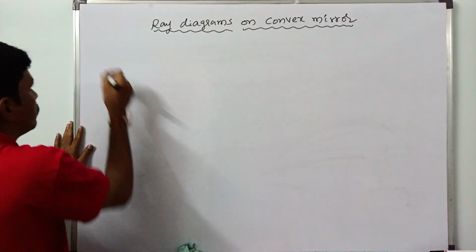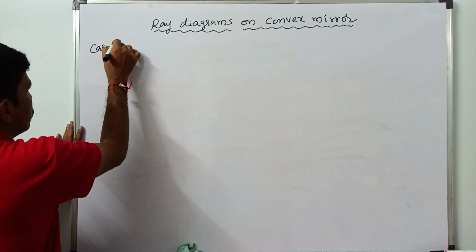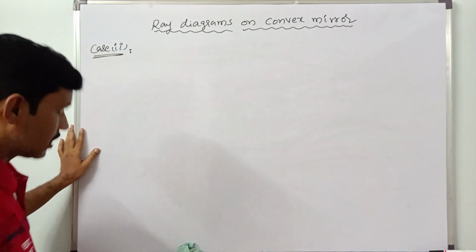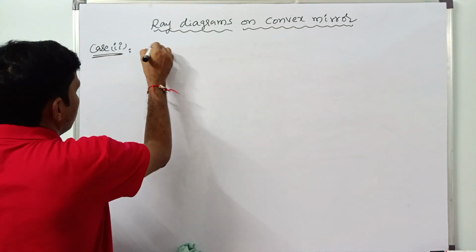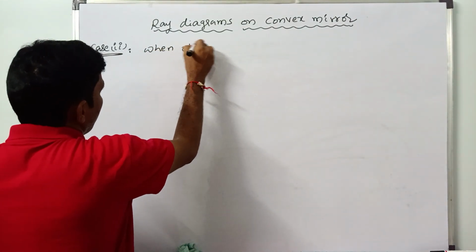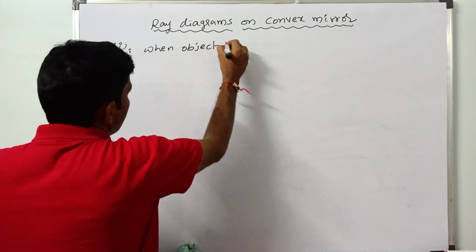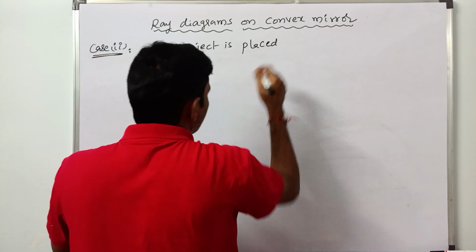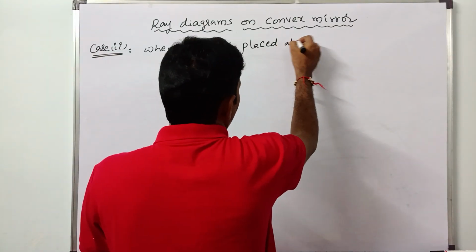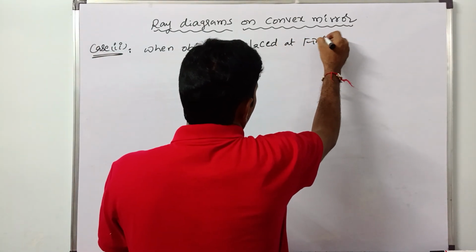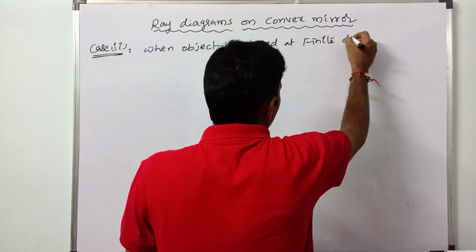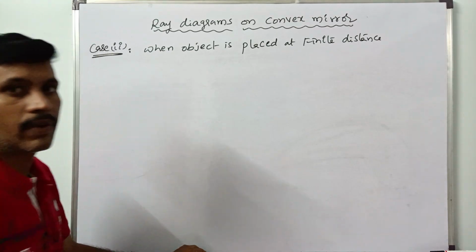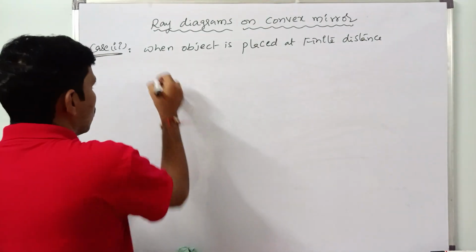Case 2. Case 2 is when the object is placed at a finite distance in front of the convex mirror.